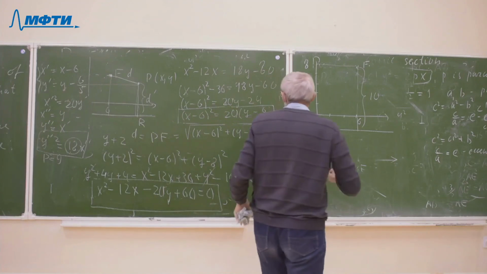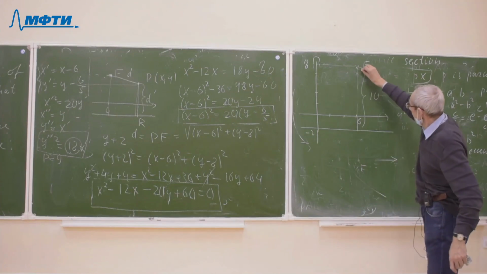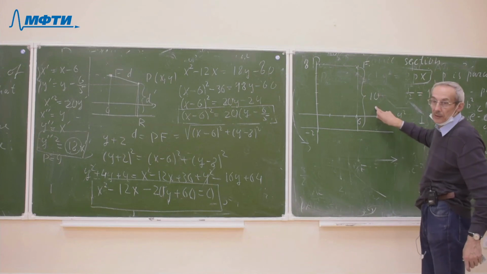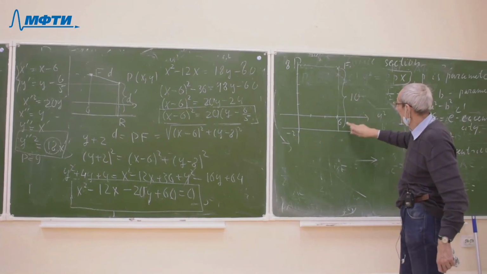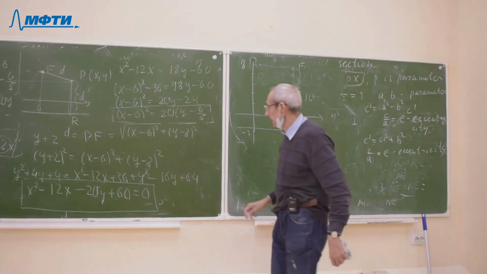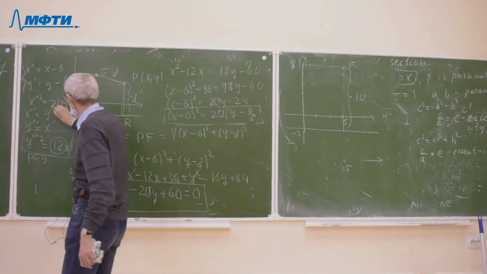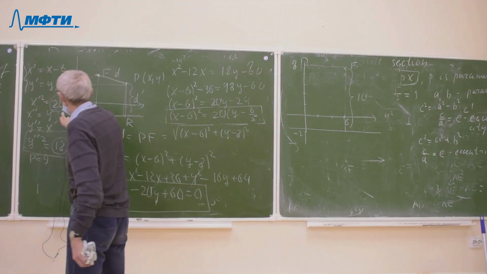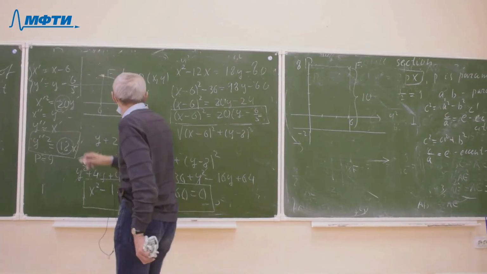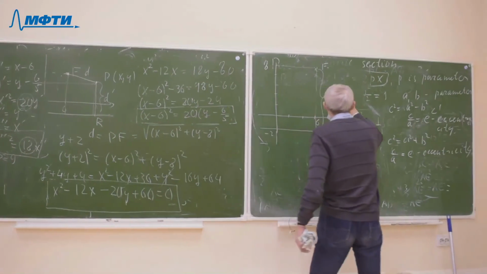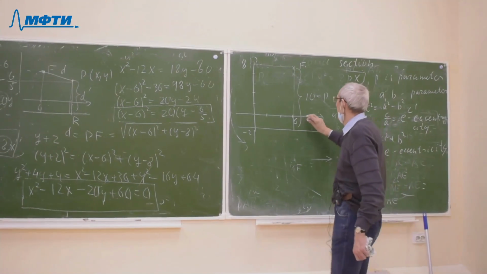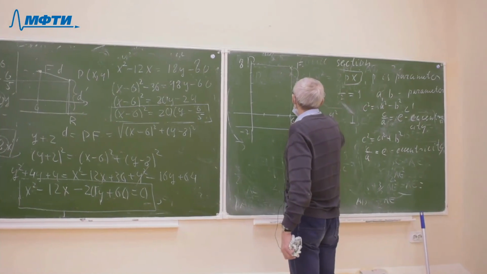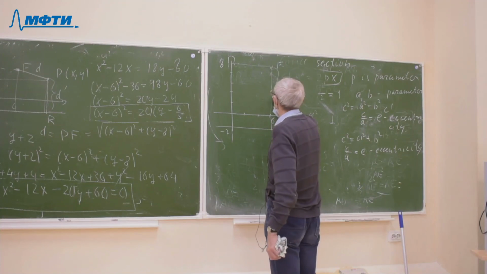This distance is equal 10. This value is 2 times p, and this distance is equal p. P is equal 10.